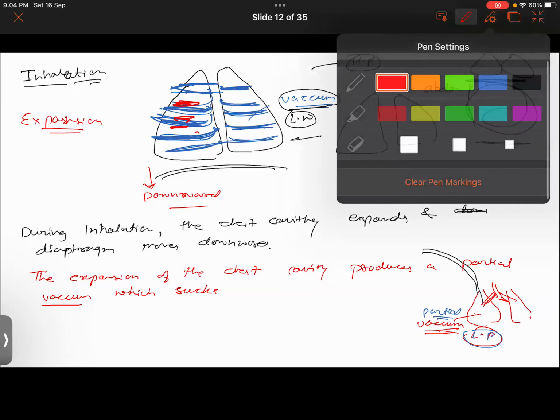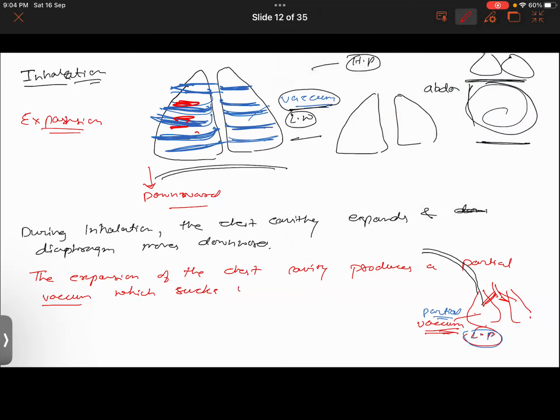Sundus, Vaiga, Chakrika, is that clear? Yes, so now it's clear. Yes. Yeah, so which sucks up air into the lungs. And where will the diaphragm move? Obviously, it will move downward since the lungs have expanded. Hearing it now?